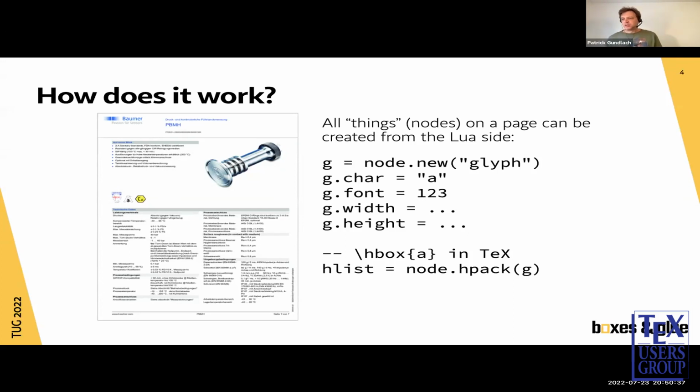So for example, to create a glyph output from Lua, you have to create a new node, that's what it's called, of the type glyph, and fill in the fields. The font, for example, has to be loaded in advance to get the glyph dimensions. And just as an example of how to create a horizontal box, like an hbox in TeX, the code is shown here.